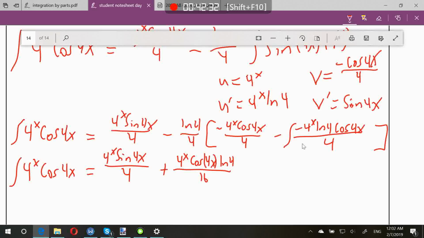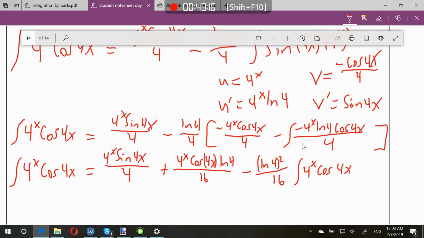A negative times a negative is a positive, and then negative times a negative again, so negative times a negative times a negative is a negative. I can pull out the ln 4 over 4, so that'll give me ln 4 squared over 16 times the integral of 4 to the x cosine 4x.